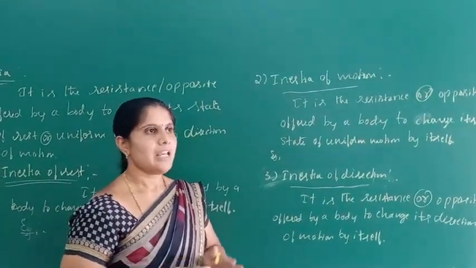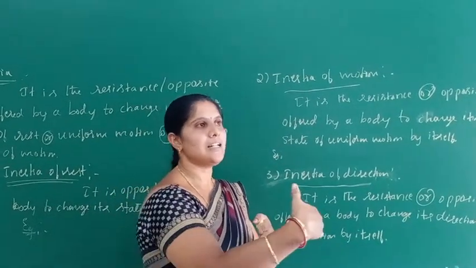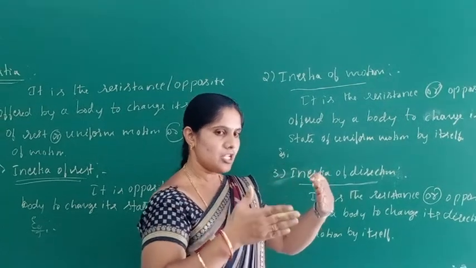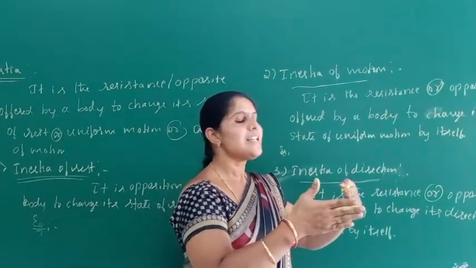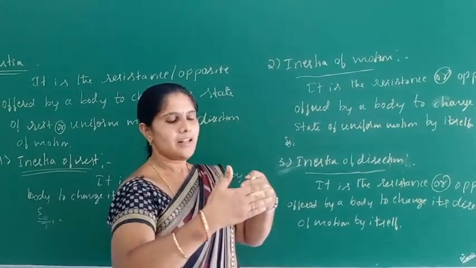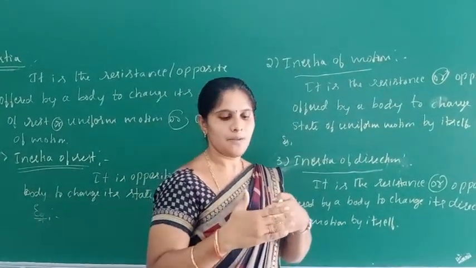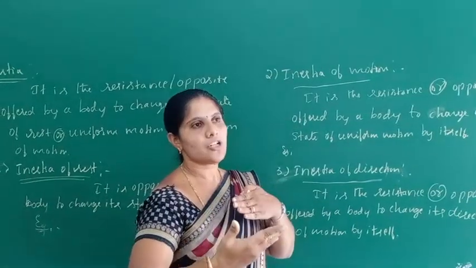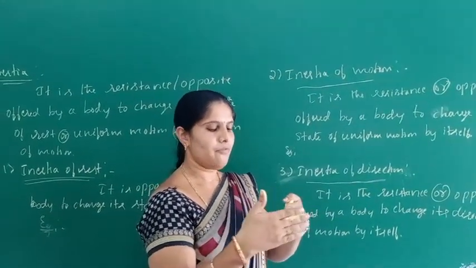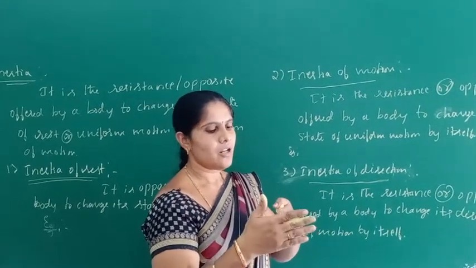For example, if the bus takes a turn along the curved road, initially the bus is moving along the straight path. If it takes a turn along a curved road, then the passenger sitting inside the bus falls in the opposite direction to the curve.